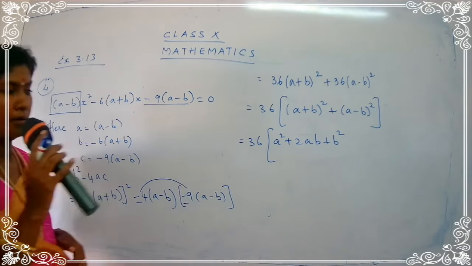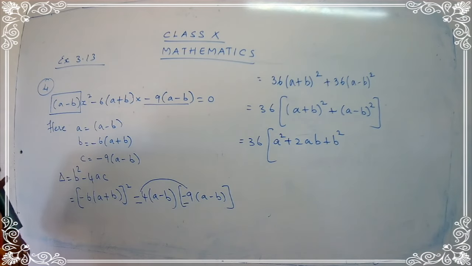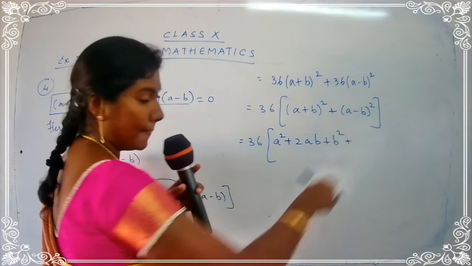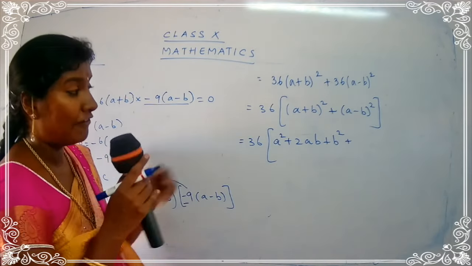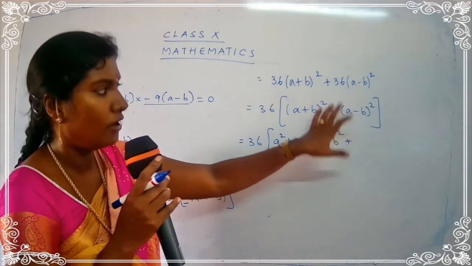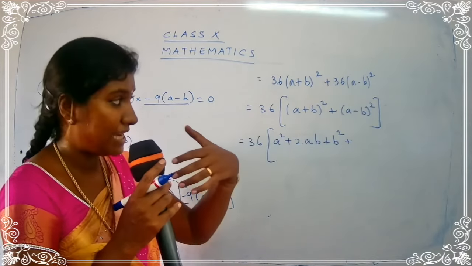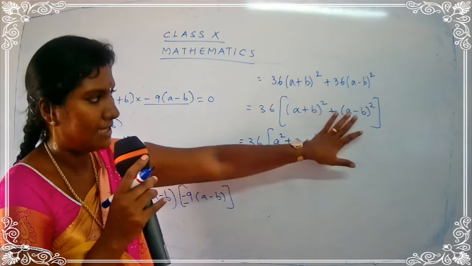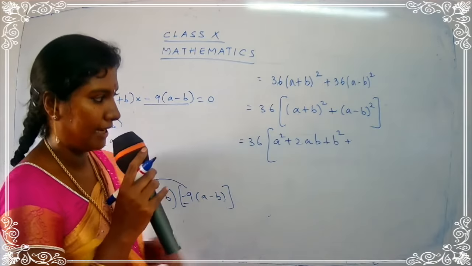A square plus 2ab plus b square. Okay. Here I have a plus sign, so no need to worry about the sign. If you have a minus sign, what happens? The sign gets changed, okay? After minus sign, whatever comes, you have to change the sign. But here we have a plus sign, so no need to worry about the plus signs. We can just write the terms directly.